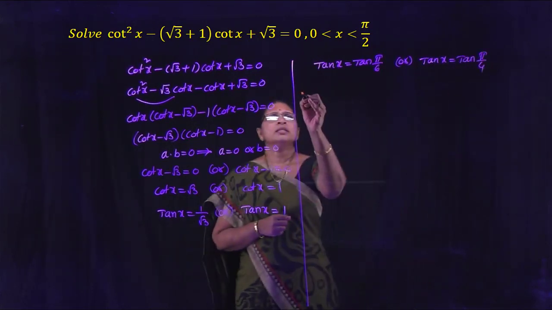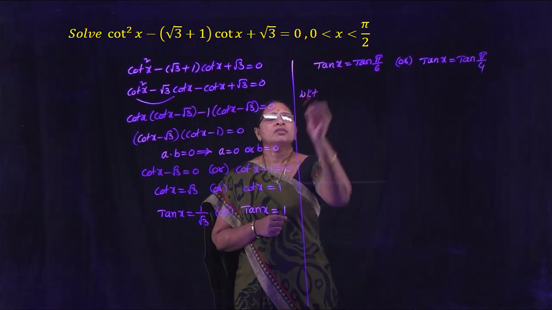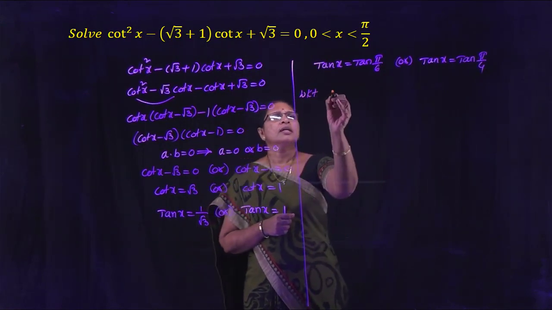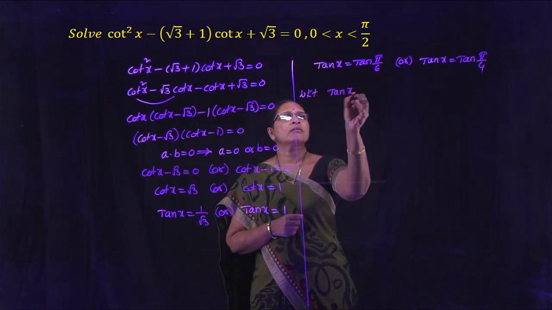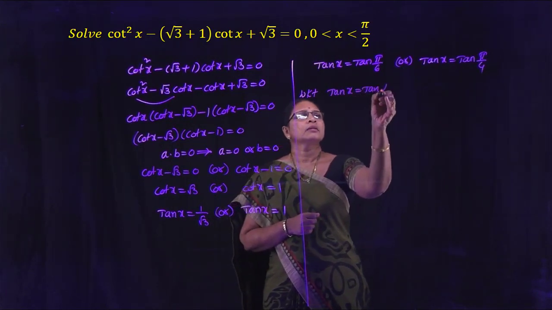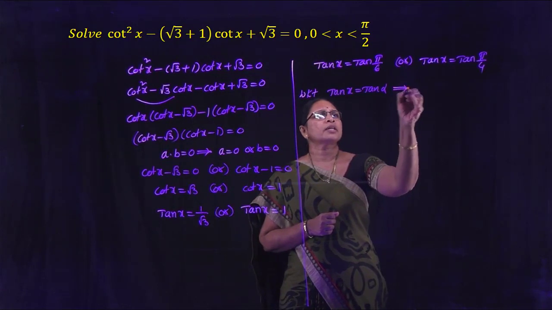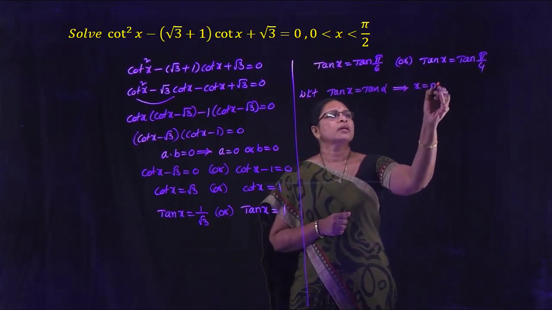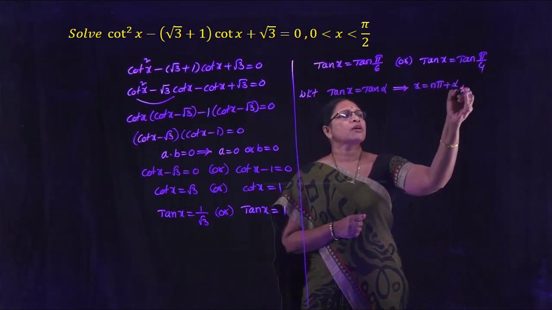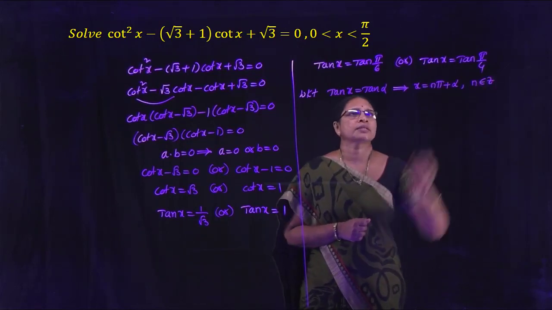We know that the general solution for tan x equal to tan alpha is x is equal to n pi plus alpha where n belongs to z.